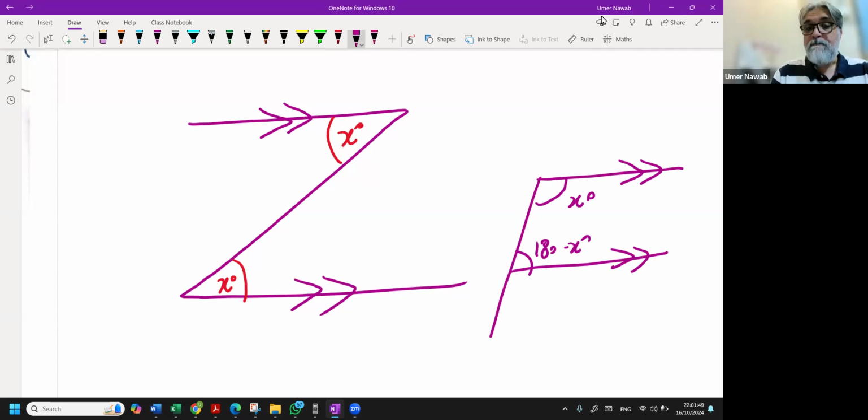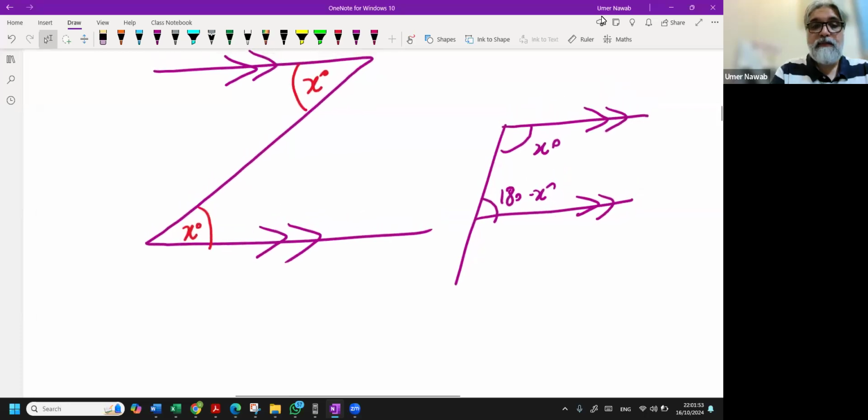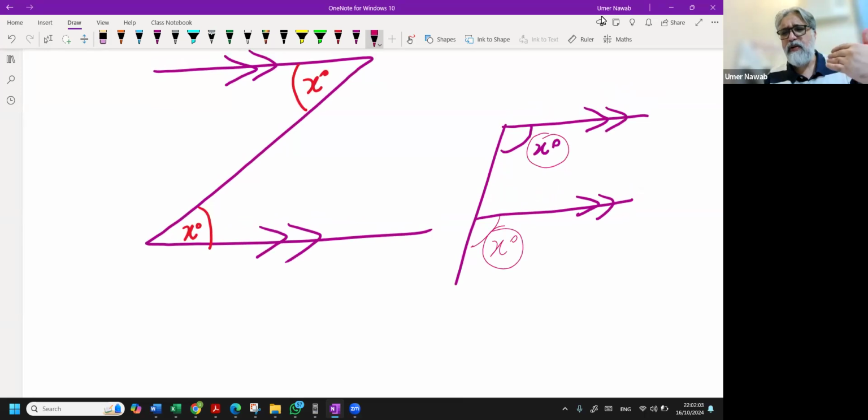Is it clear? And also we remember that this is corresponding angles. So if it comes to us, we will use it, but at the moment I am focusing on the Z concept.